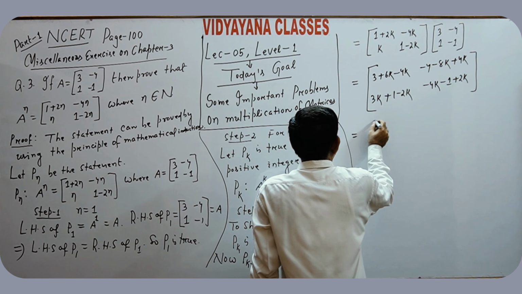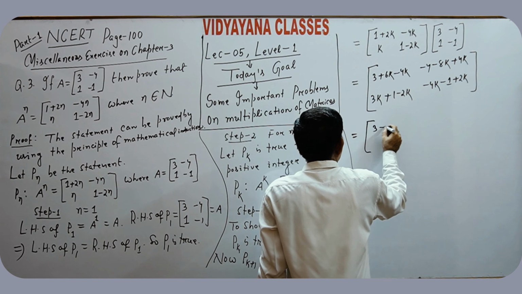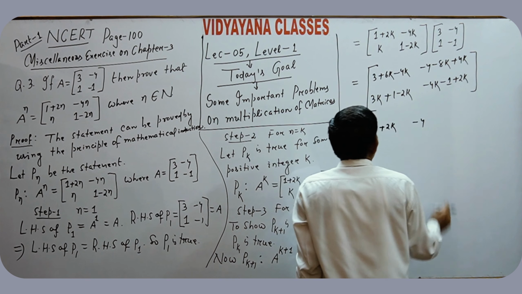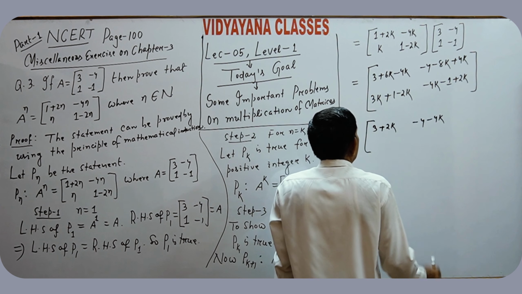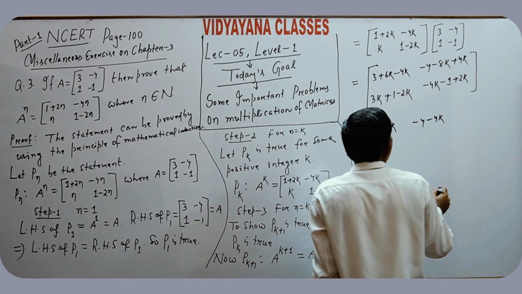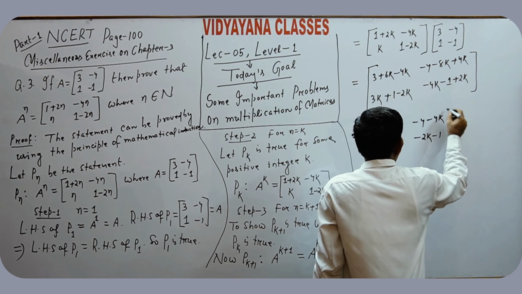So we get 3 plus 6k minus 4k, minus 4 minus 8k plus 4k, 3k plus 1 minus 2k, minus 4k minus 1 plus 2k. Which is same as 3 plus 2k, minus 4 minus 4k, k plus 1, minus 2k minus 1.